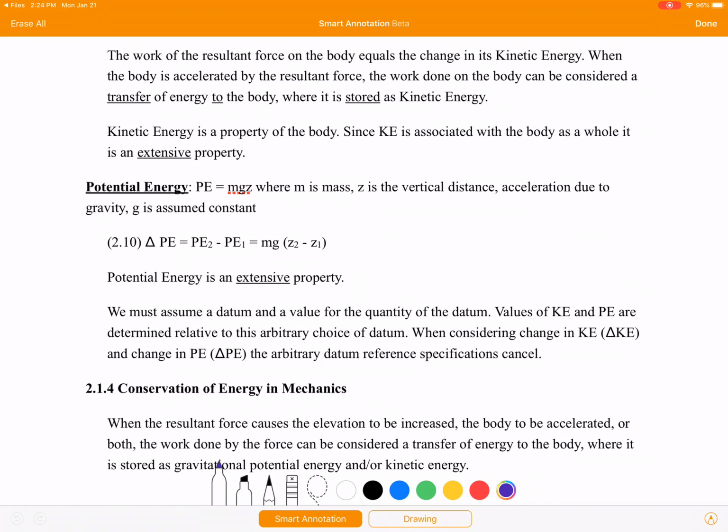So essentially we need to draw some system where we are indicating where our datum would be. So if that's the ground, let's say, we can assume that the ground is our datum, so we call this the datum, and I'm going to say z is up from here.